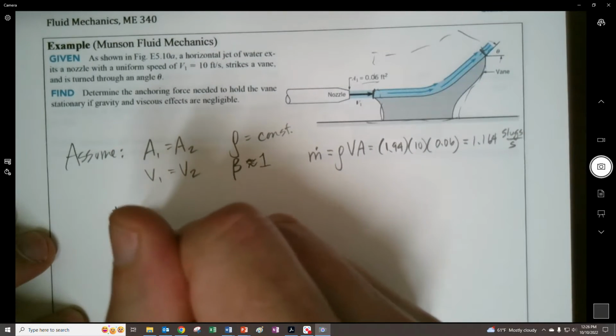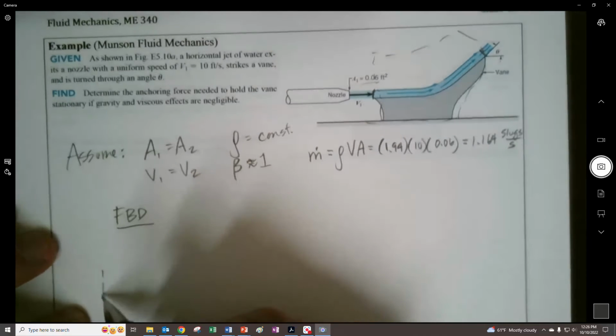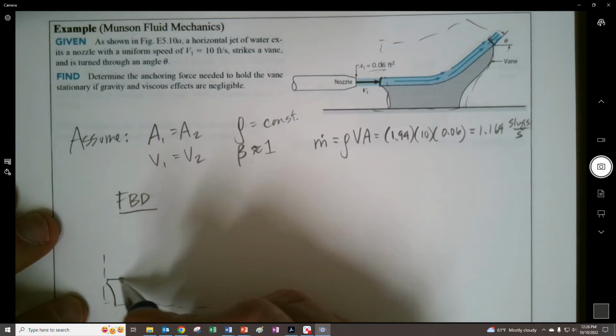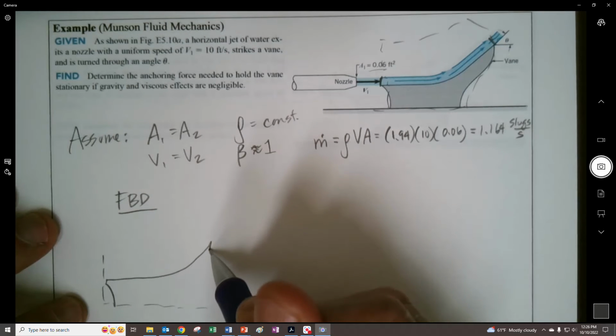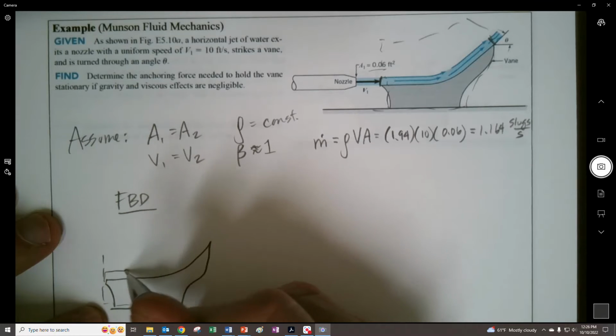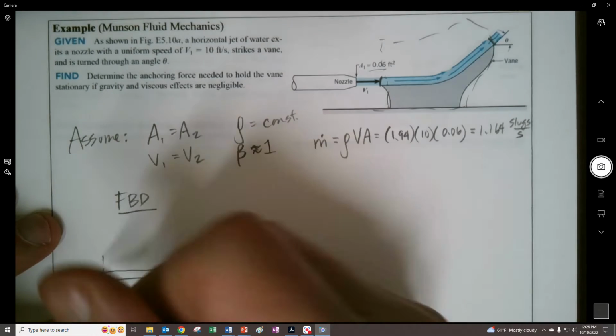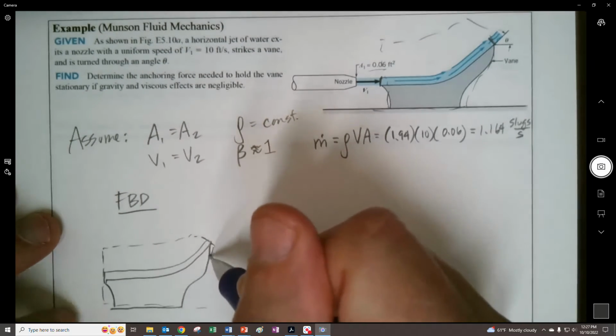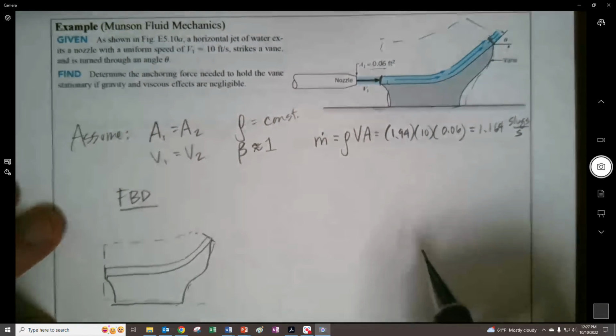And the FBD, let's see, I'll draw out this thing first. Let's see if I can make it look a little bit like the thing. Not quite. So here are my control surfaces, and here's my FBD of the piece.